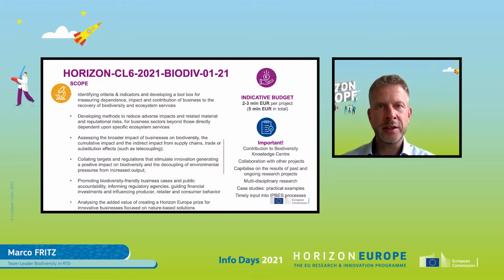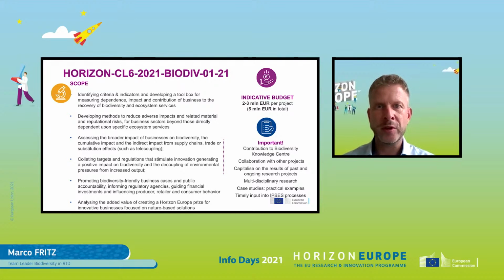The second slide informs on the scope, which is identifying criteria and indicators and developing a toolbox for measuring dependence, impact, and contribution of business to the recovery of biodiversity and ecosystem services.